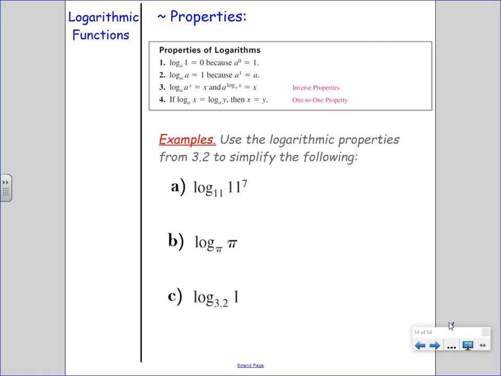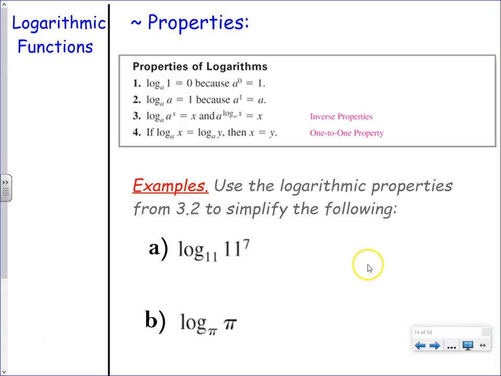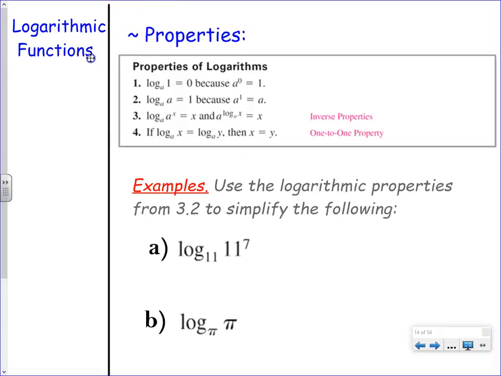All right, let's talk about some properties of logs. Now, we didn't really talk about a lot of exponential properties. Maybe we should have. We kind of reviewed them yesterday, in the sense of a power to a power you multiply. Like bases multiplied, you add the exponents. Like bases divided, you subtract the exponents.